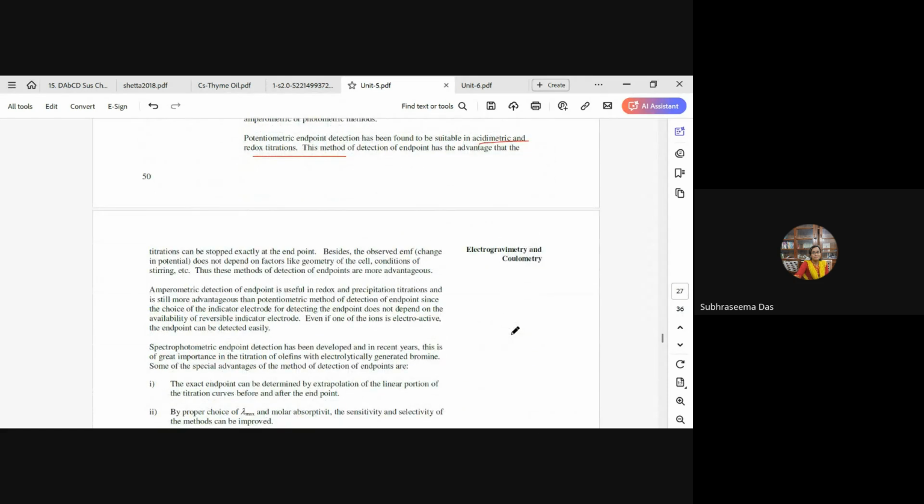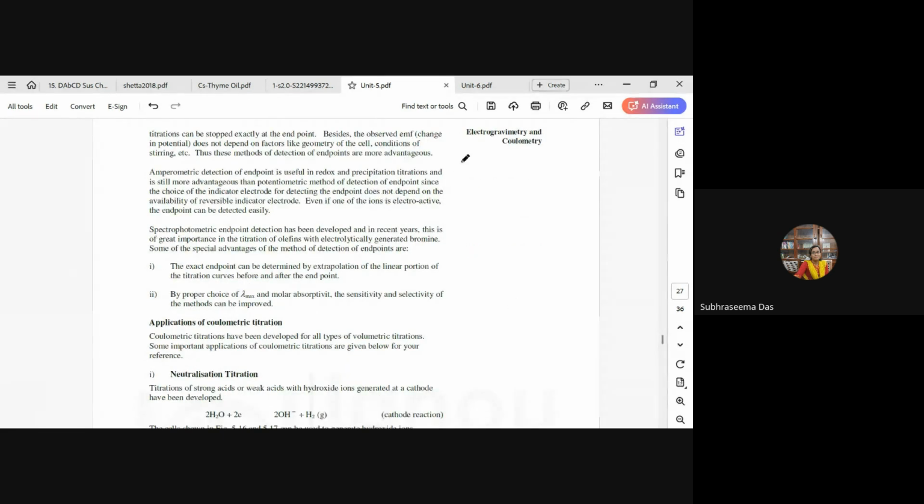The advantage is that the titrations can be stopped exactly at that point. So these methods are more advantageous. Amperometric detection of endpoint is useful in redox and precipitation titrations, and it is more advantageous than potentiometric titration. Spectrophotometric endpoint detection has also been developed, and in recent years this is of great importance.